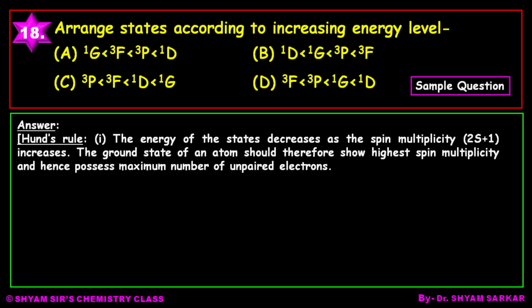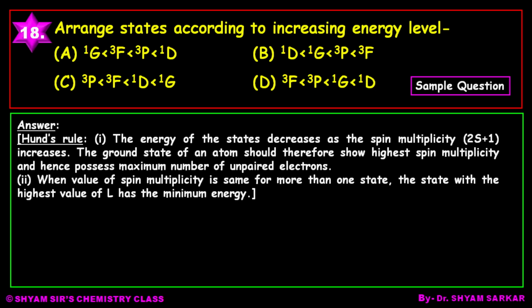That is, the ground state of an atom should therefore show the highest spin multiplicity, and will possess the maximum number of unpaired electrons. And rule number 2: when the value of spin multiplicity is the same for more than one state, then you have to go for the L values. The state with the highest value of L has the minimum energy.